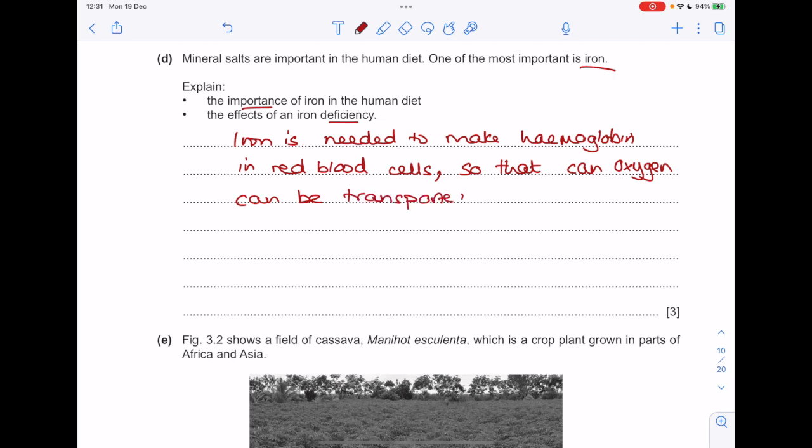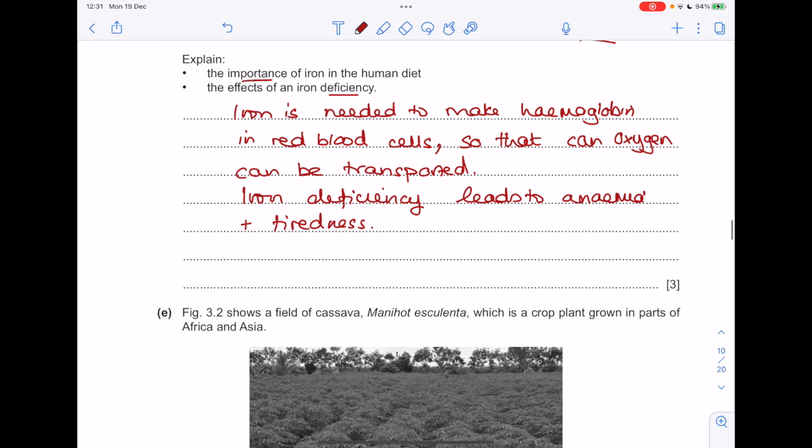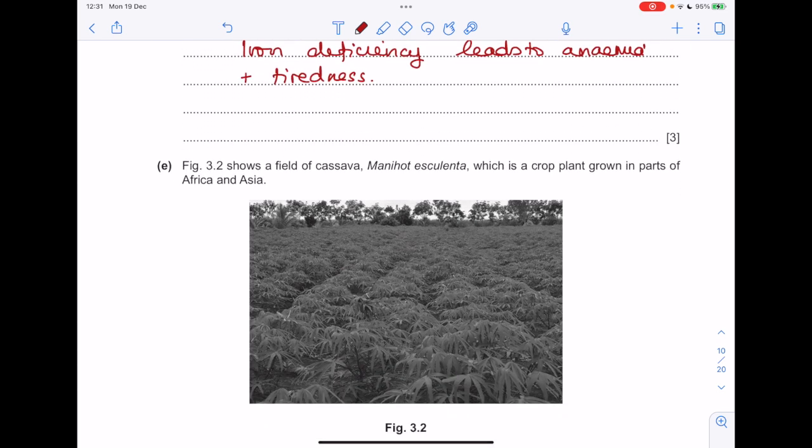That's enough about the importance. What about iron deficiency? It's known as anemia, and that means you get very tired, you get fatigue, lacking in energy.